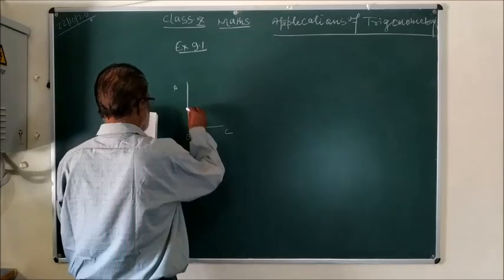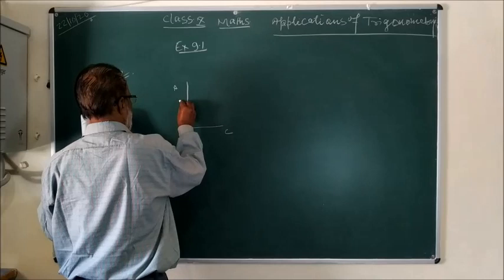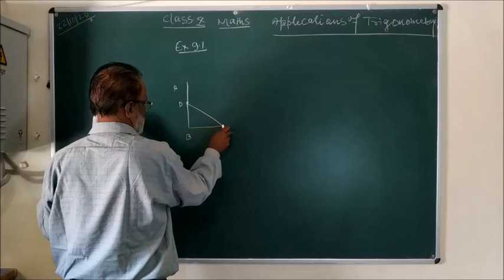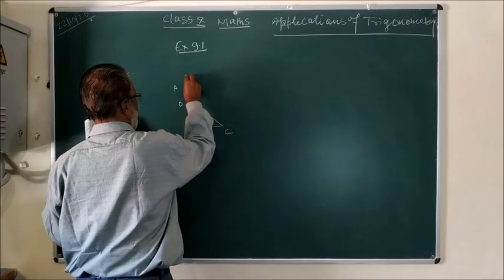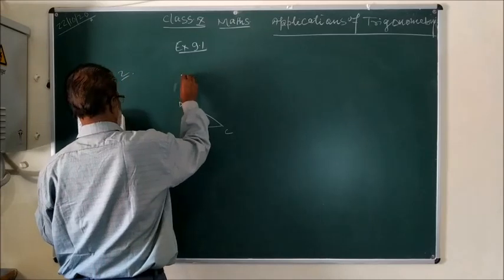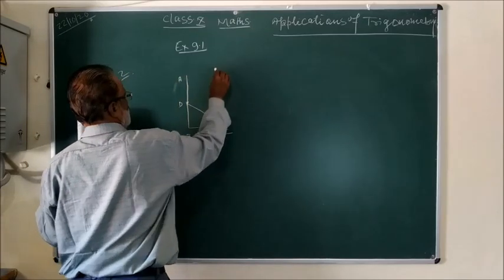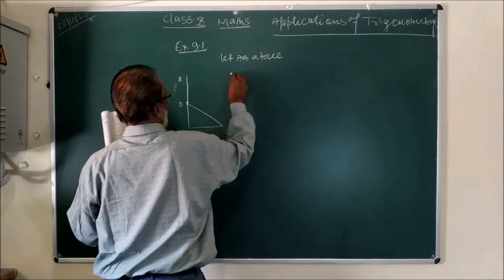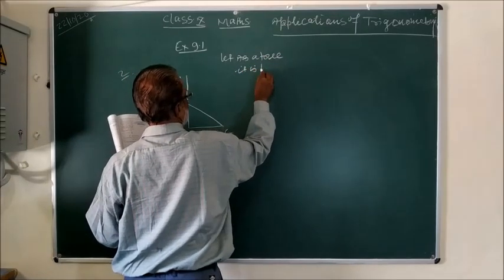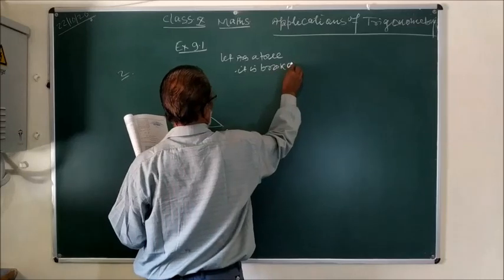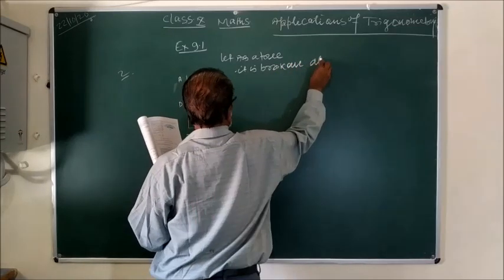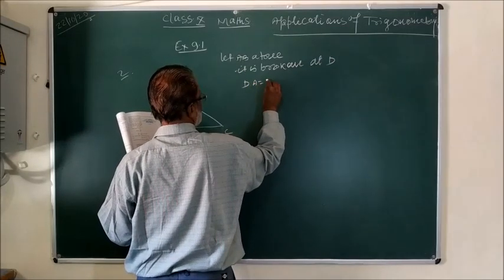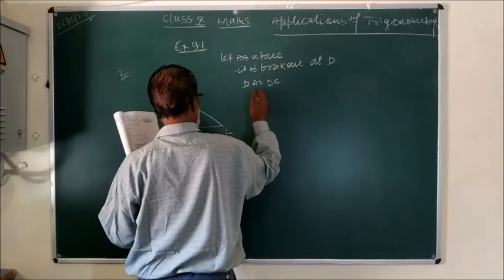Suppose it breaks at D, and this portion DA touches the ground at point C. So DA becomes DC and touches the ground.